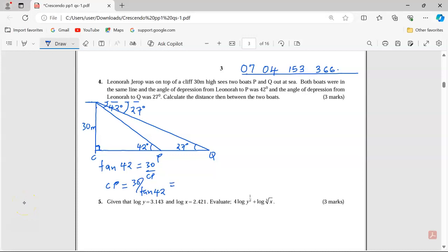So 30 divided by tan 42 gives us 33.32 meters.